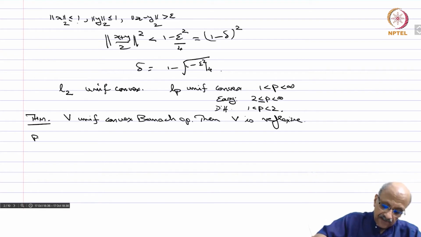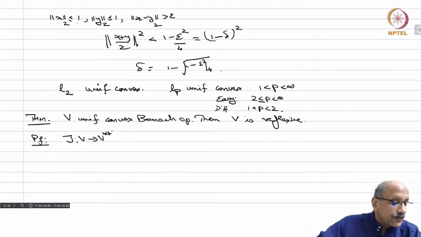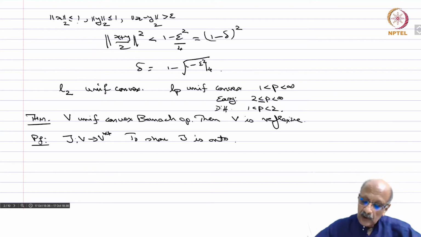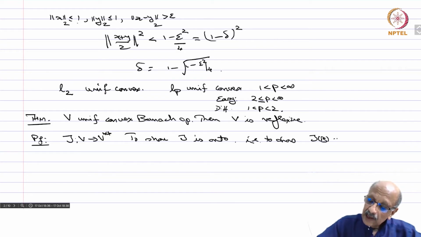Okay, so proof. J: V to V double star is the canonical embedding, and to show J is onto. So that is to show JB equals B double star, where according to our notation B is the closed unit ball in V, B double star is the closed unit ball in V double star.